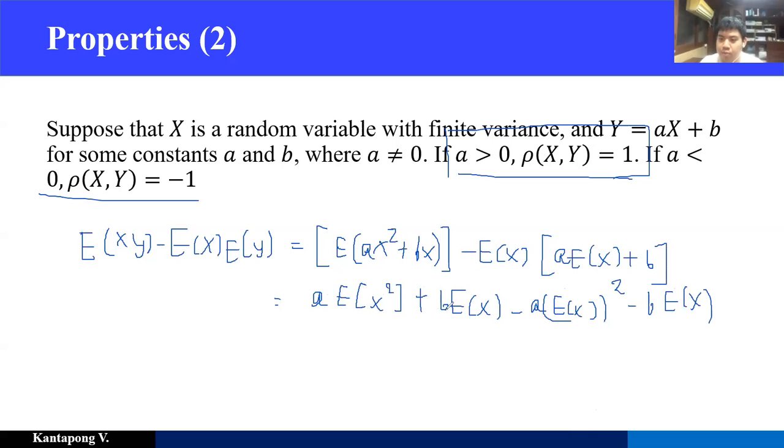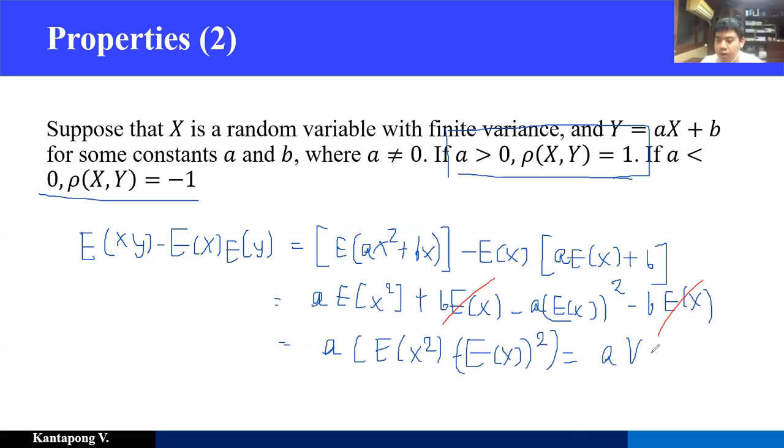Because we have bx on both sides, they cancel, right? And how do we group the remaining terms? a times E[x squared] minus E[x] squared is gonna be what? A times the variance of x, a sigma x squared.